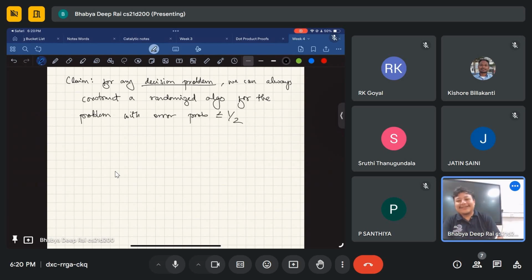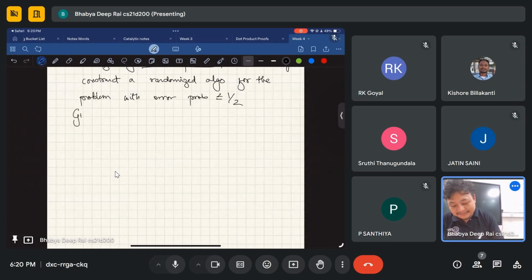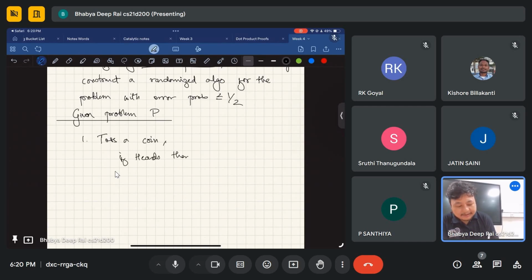Now it's interesting, right? But actually this answer is quite simple. Given a problem P, I simply toss a coin. If heads, then output yes.